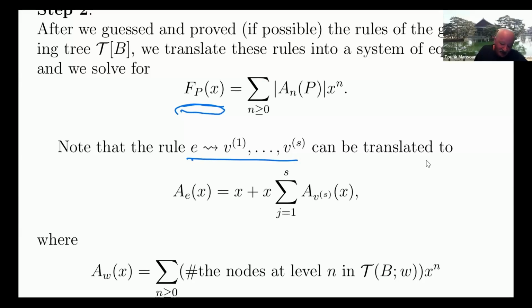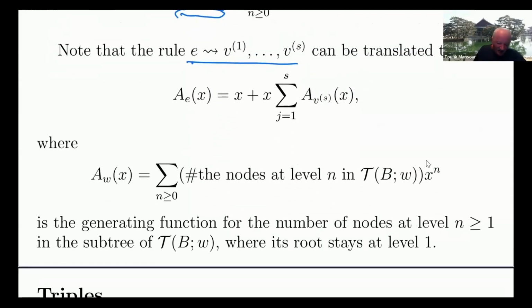So that means the number of the nodes in the subtree with root E is the number of the nodes in each subtree V1, Vs shifted by 1 because the level is shifted by 1. And A_W is the number of the nodes at level n in the subtree TB_W. So this is the generating function.